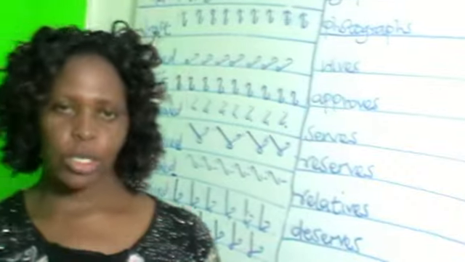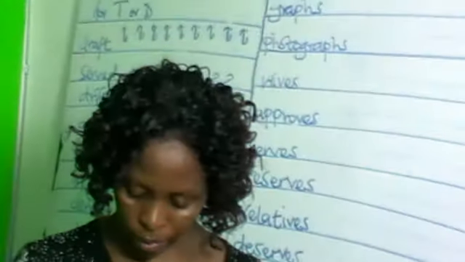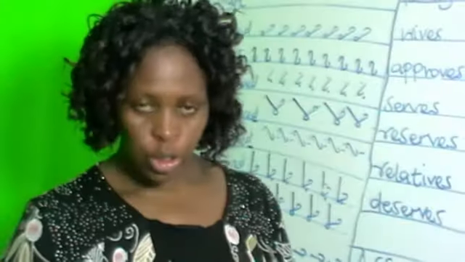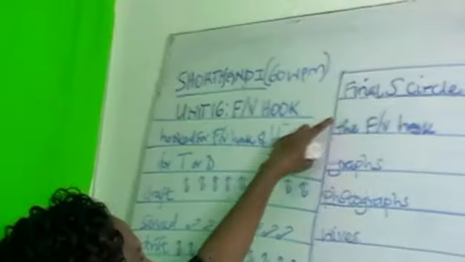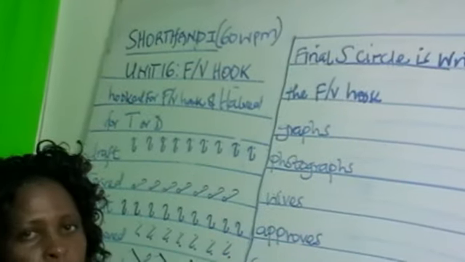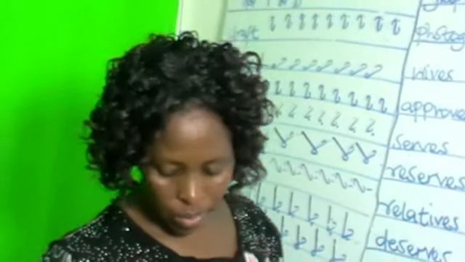Let's continue with our topic where we had stopped. The next part is the final S circle is written inside the F stroke of V hook. So we have words where we had the S circle at the end of the word. So the S circle will appear inside the hook.